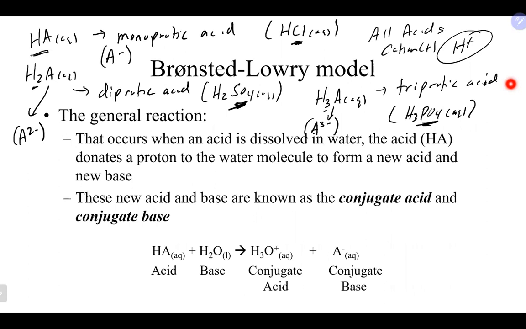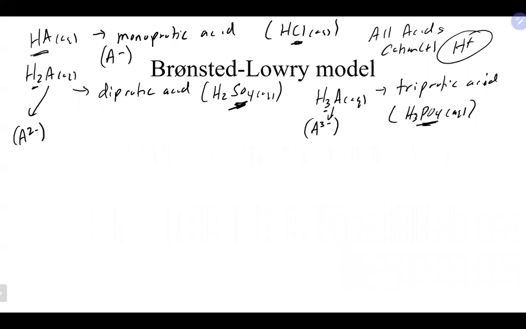We kind of get a little bit ahead of it here, but what happens is it would lose one H plus, so it would drop off, and you would be left with HSO4 minus, the guy minus one H plus that came off.